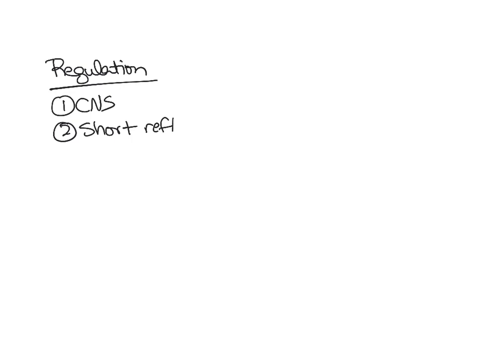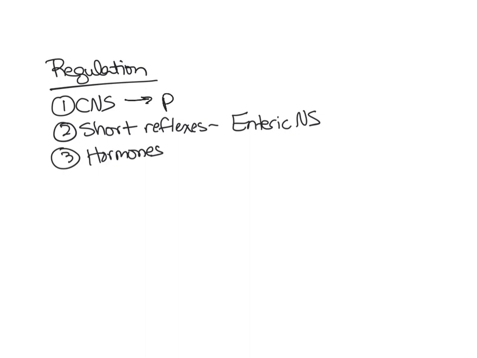These short reflexes are going to be through what we call the enteric nervous system, right? And then finally we have the hormones, and the hormones are going to regulate when those cells will release those enzymes. So the central nervous system is sending information through that parasympathetic nervous system.